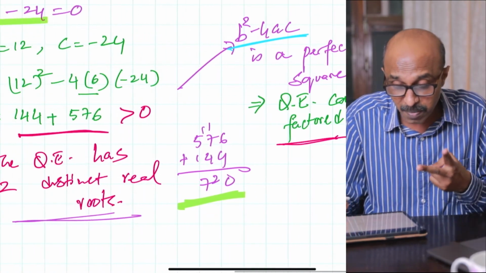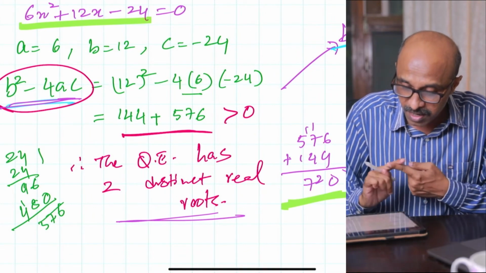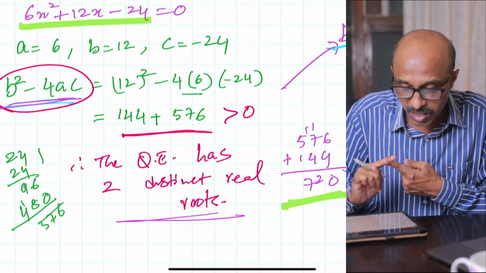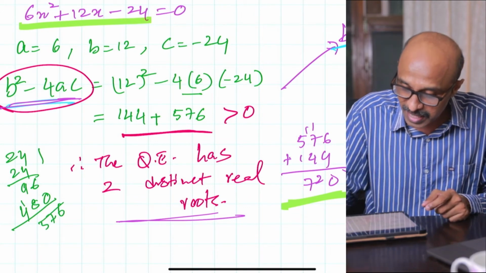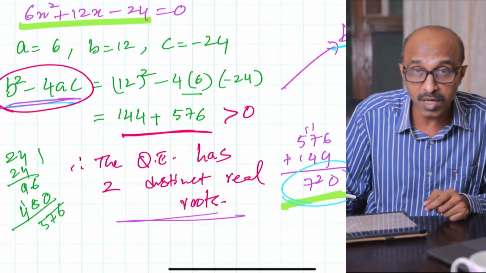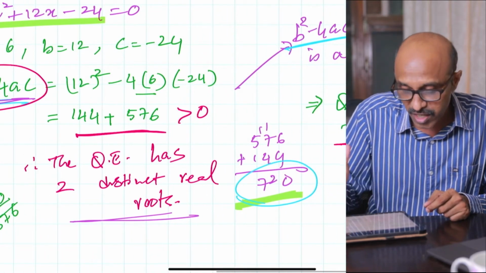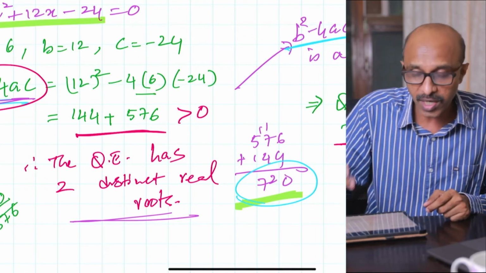The other thing is that if it's a perfect square, then the roots will be rational roots, so two distinct real roots that are rational. In this case, because 720 is not a perfect square, you'll have irrational roots, so two distinct irrational roots.